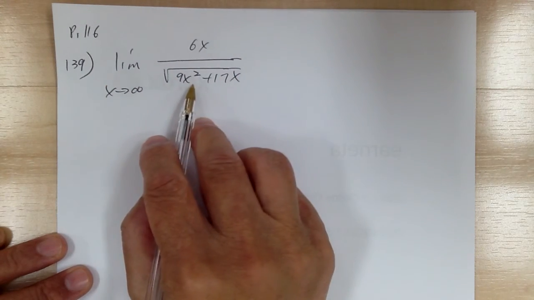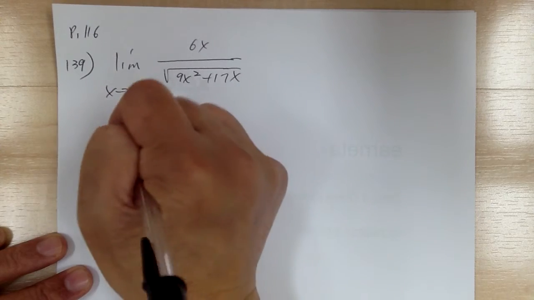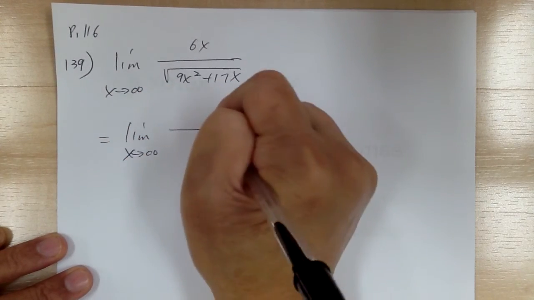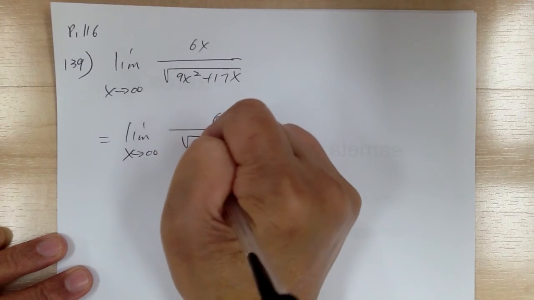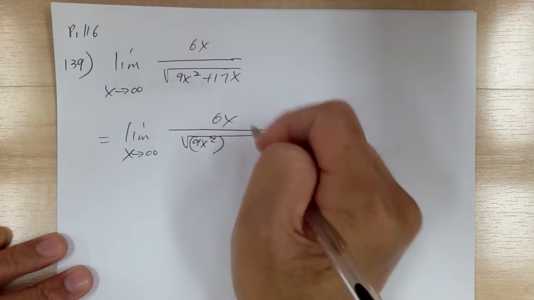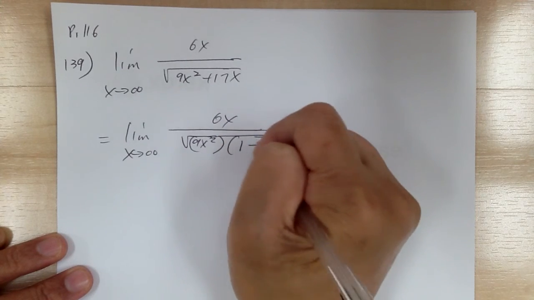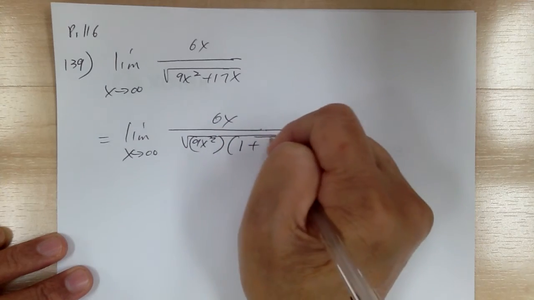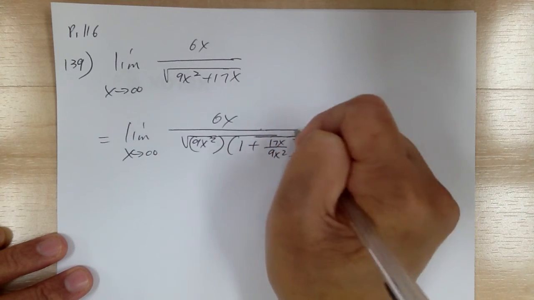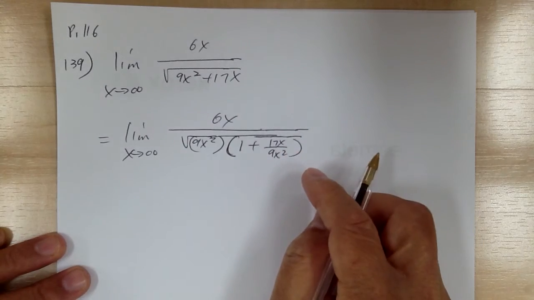You're going to factor out the 9x squared so that you get 1 plus 17x over 9x squared. And then you can simplify after that.